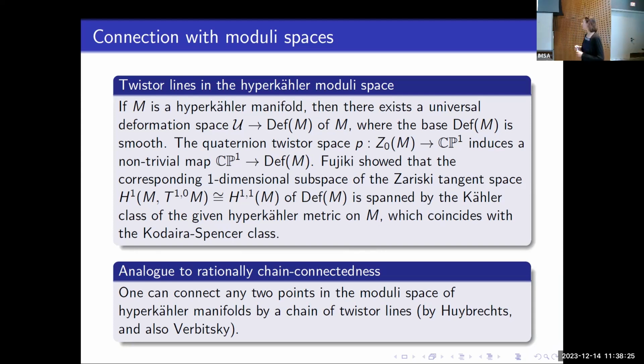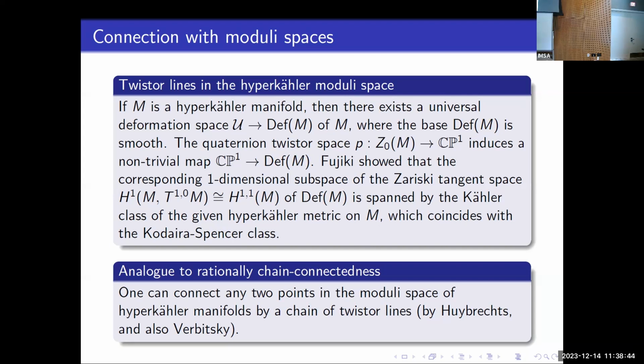And so if you have the twistor space Z0 of M, let's consider one of its fibration structures that goes over CP1.